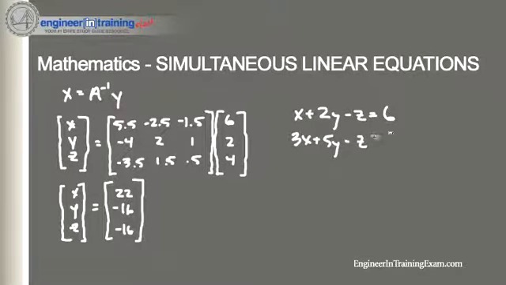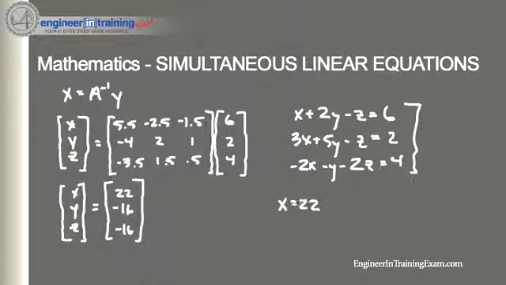And negative 2x minus y minus 2z is equal to 4. So given this set of linear equations through a matrix form, we solved for the unknown values x, y, and z. x is equal to 22, y is equal to negative 16, and z is equal to negative 16.